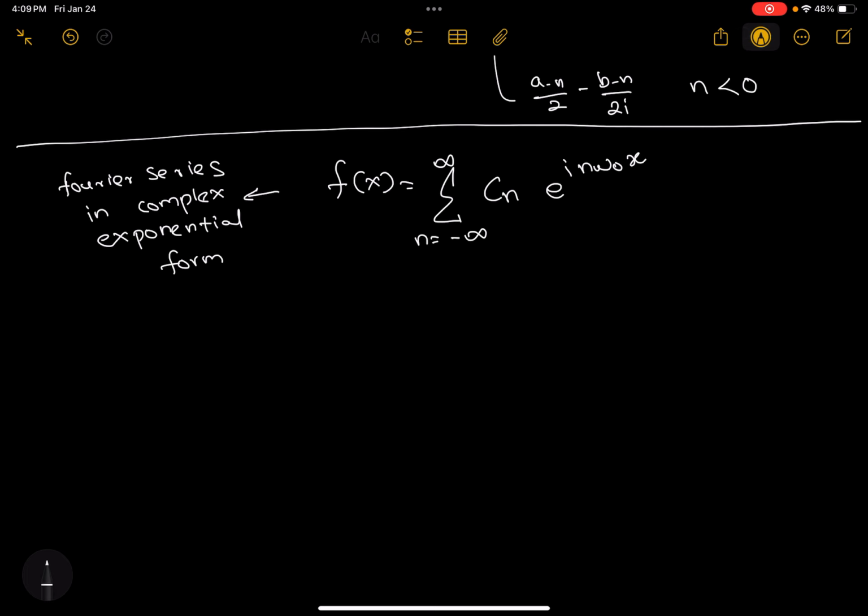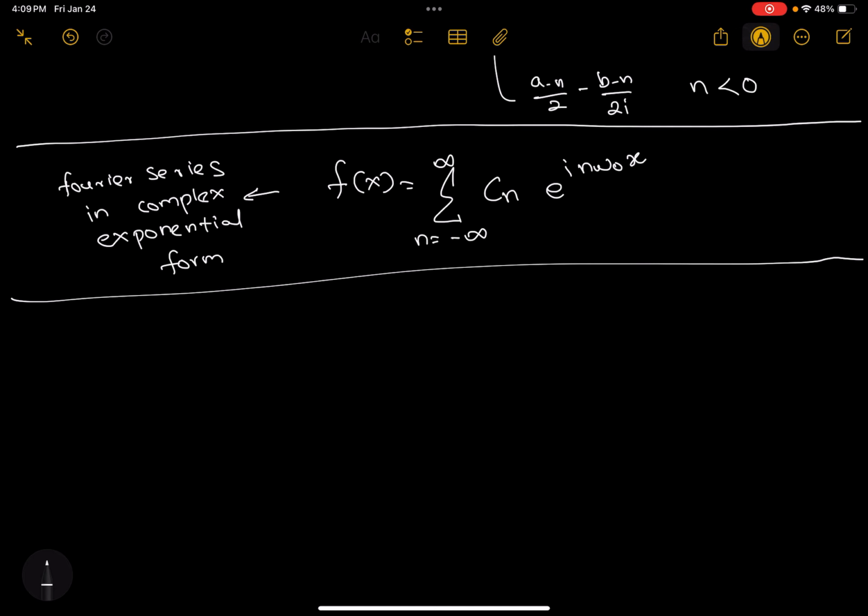Okay. So now we are still working toward the idea of the Fourier transform. We just showed that the Fourier series can also be done in this way. Now after this, let's say we want to find the value of this c sub n.